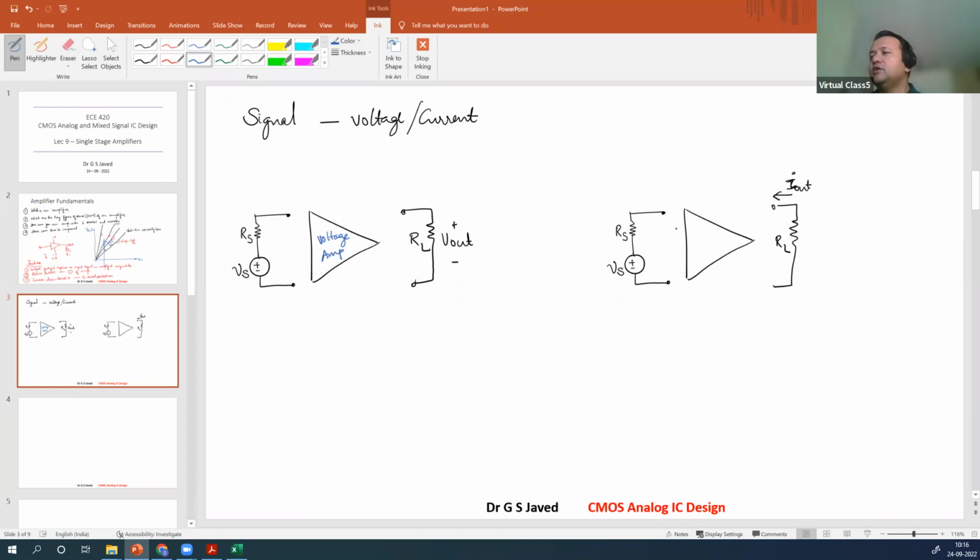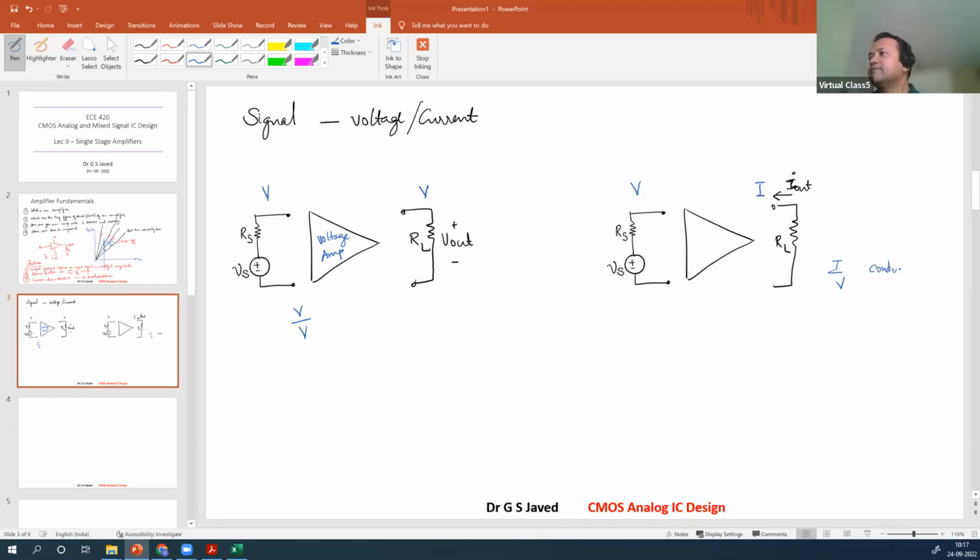And what is this called? Because input is V, output is V. In this case, input is V, output is I. So here you will get a voltage by voltage output. In this case, you will get a current by voltage. Now, what is current by voltage?